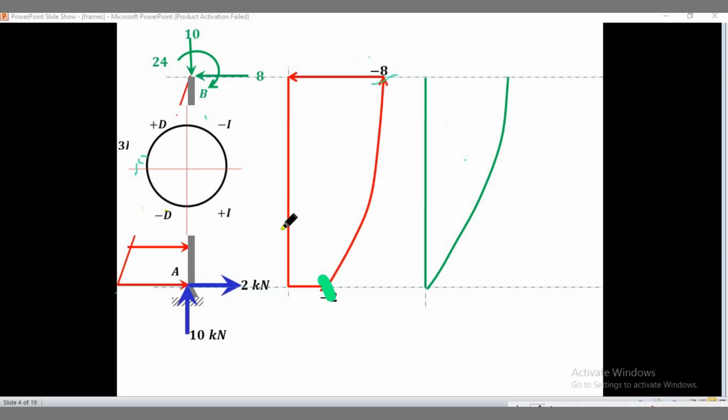So, nag-increase ako, but since nasa negative side siya, so negative increasing. The shape should be like this one. Tama.